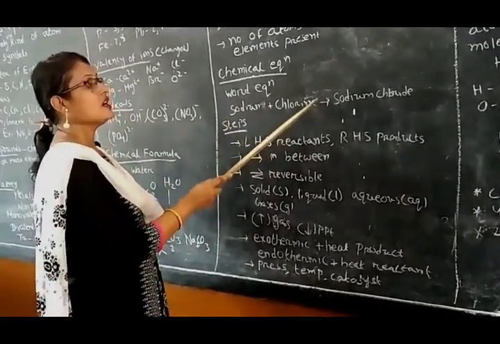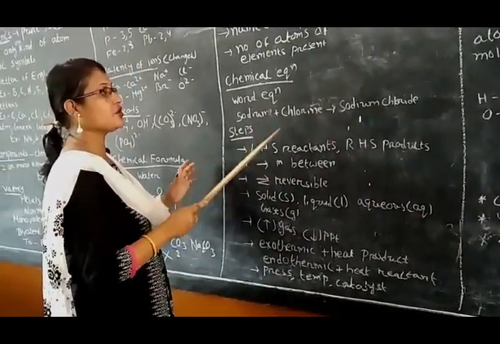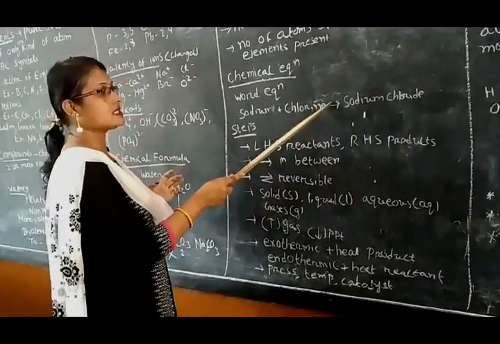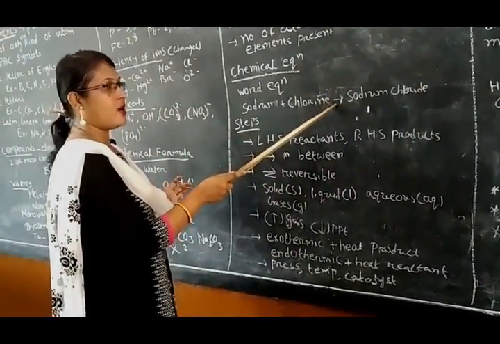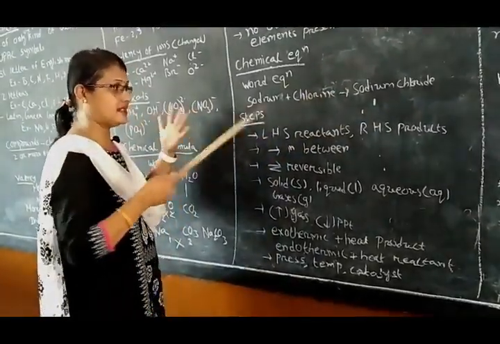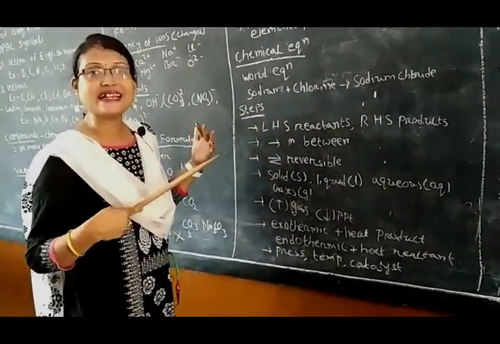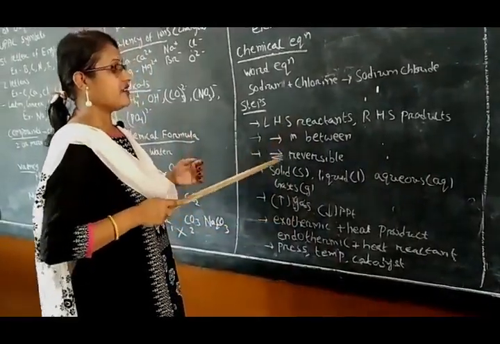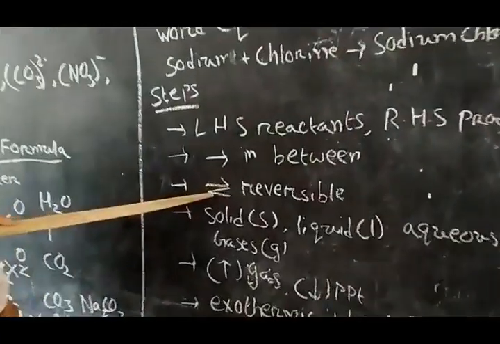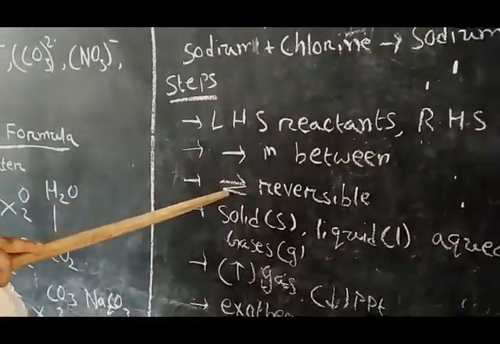Next step is the arrow mark, which is given to show that reactants are reacting to form products. The arrowhead is on the side of your product, and its tail is on the side of your reactants. Next, if this type of symbol is there, then the reaction is reversible in nature.